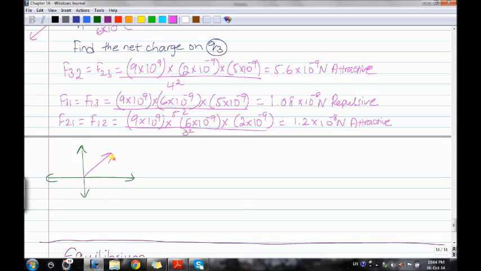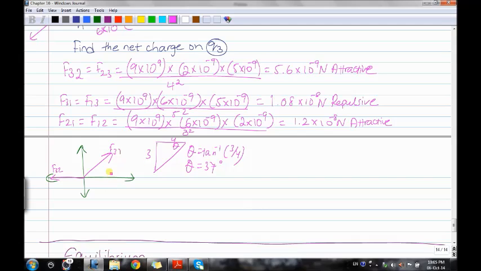It will be like that, and then like that. F32 and F31. Now to find the angle, we'll use tan. Remember this. Here's the 4, here's the 3, and here's the angle. So tan inverse of 3/4. So the angle is 37 degrees.